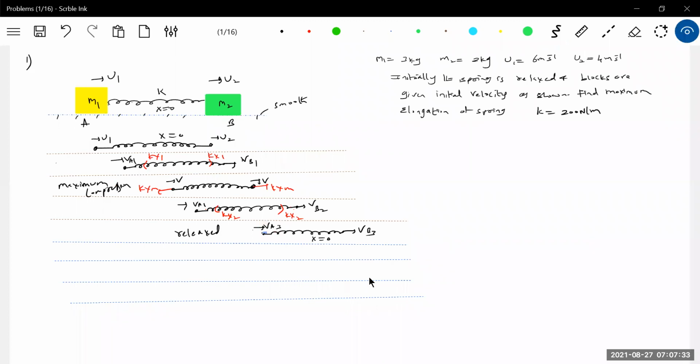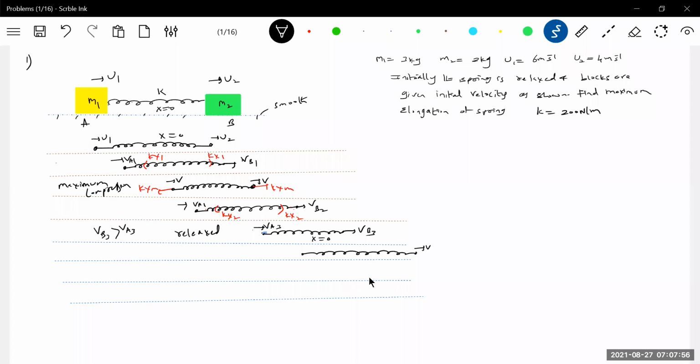The spring is relaxed. Now if you check, VB3 will be greater than VA3. After this, it will start elongating.